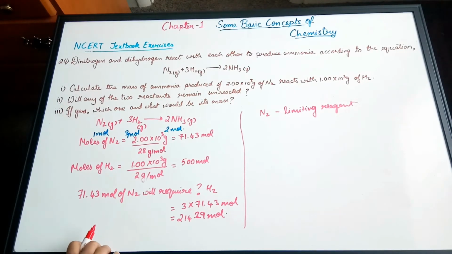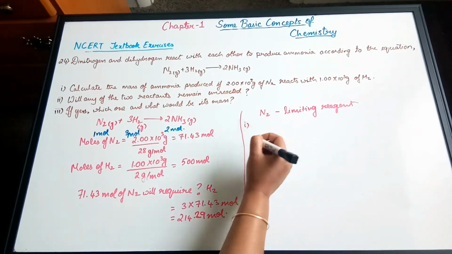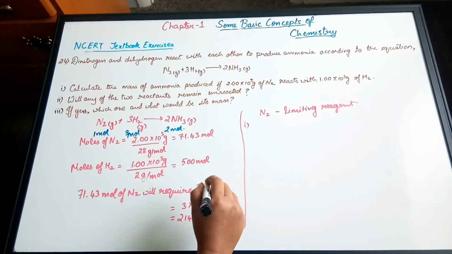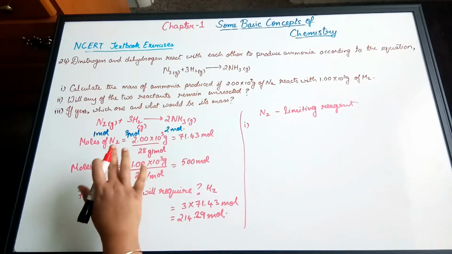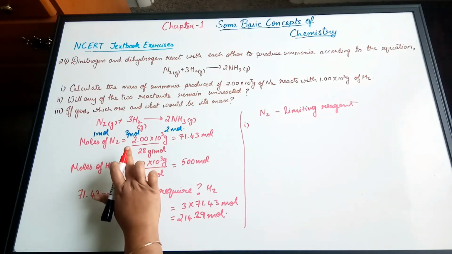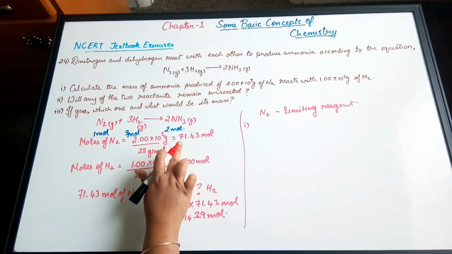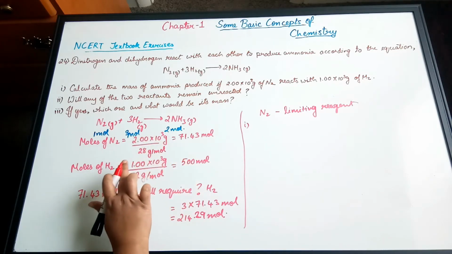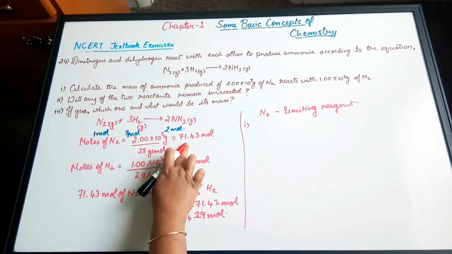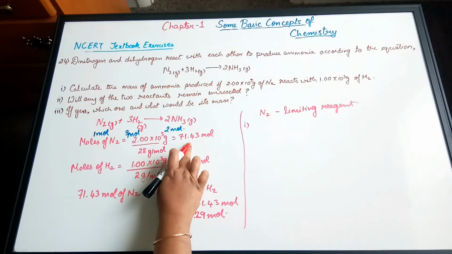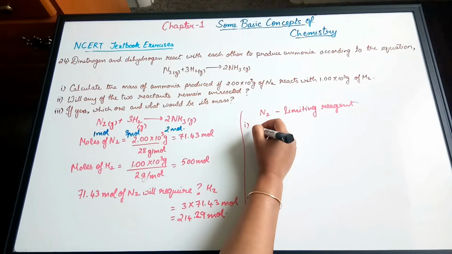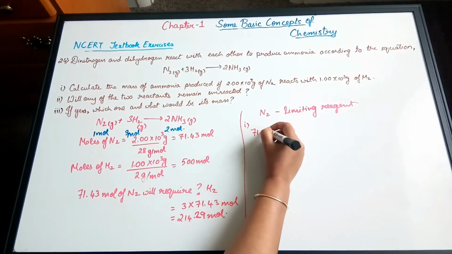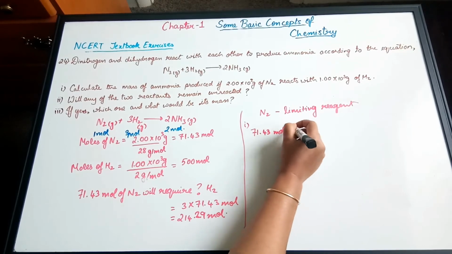But first, let's calculate the mass of ammonia which is formed. 1 mole of nitrogen reacts with 3 moles of hydrogen to form 2 moles of ammonia. So 71.43 moles of nitrogen will form how many moles of ammonia? We'll take 71.43 moles of N2.